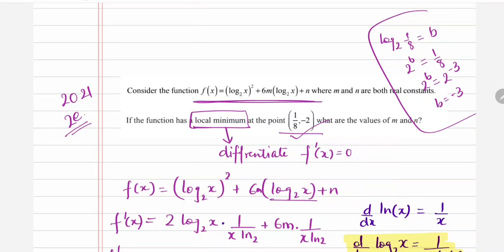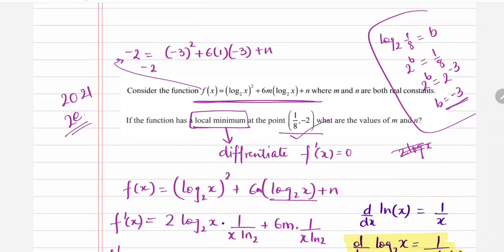So we have log 2x whole squared. In the previous one, it was 2 log x, so it became x squared. This is not. So here we are just going to use the value minus 3. So we have minus 2 equals minus 3 squared plus 6 times 1 times minus 3 plus n.